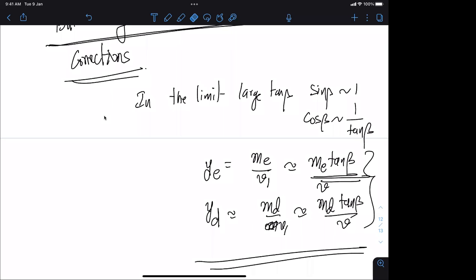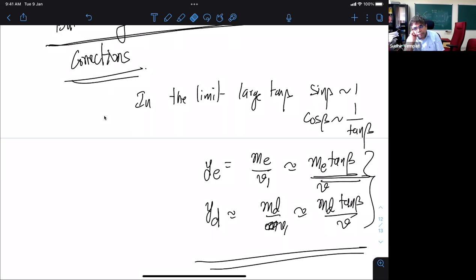YE and YD will keep on increasing until they reach the non-perturbative limit, around tan beta 60 or something. They start blowing up, and you have the top, bottom, tau Yukawas hitting 4 pi and so on. There are other issues actually.